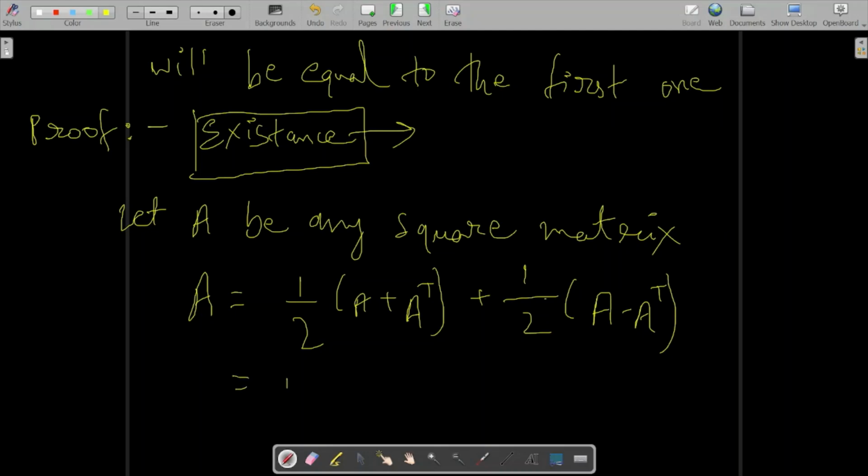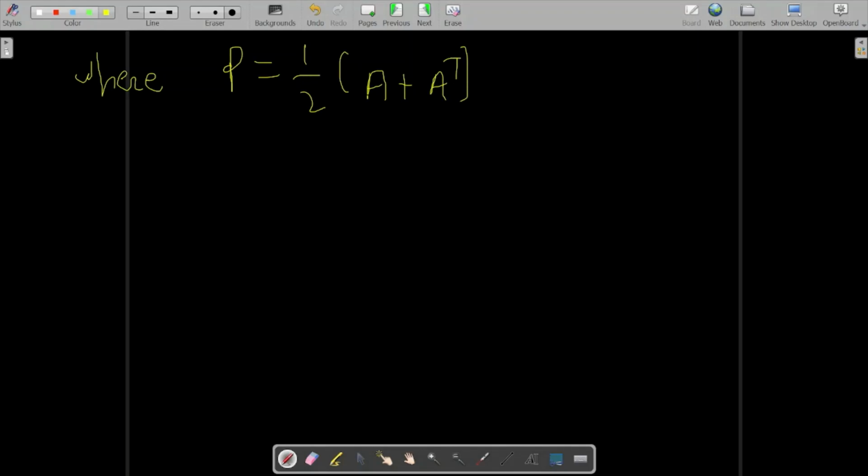I let this be equal to P plus Q, where it is obvious that P is half of A plus A transpose, and Q is half of A minus A transpose.